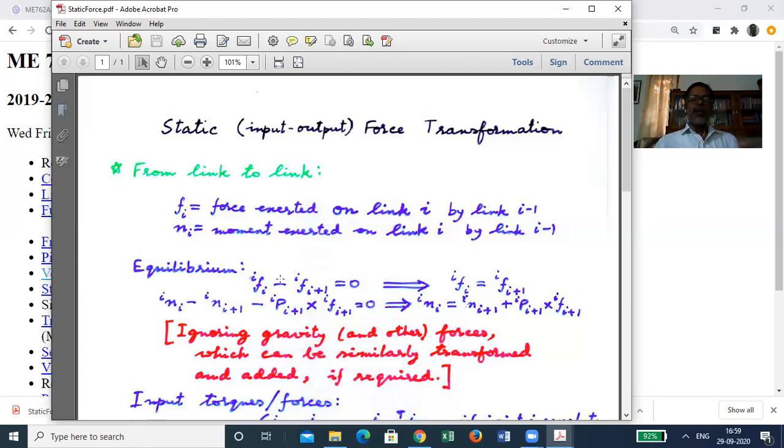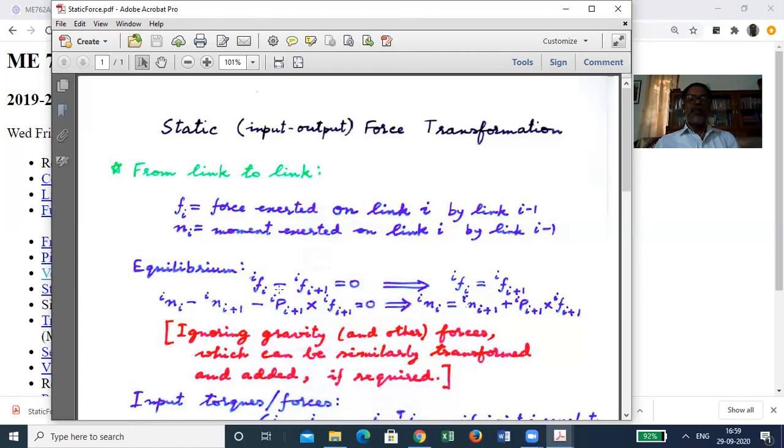Okay. So this is Fi, which link I is, okay, this is actually, yeah, for the equilibrium of link I.